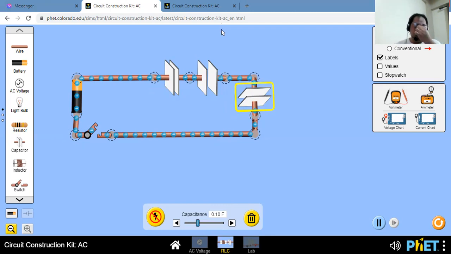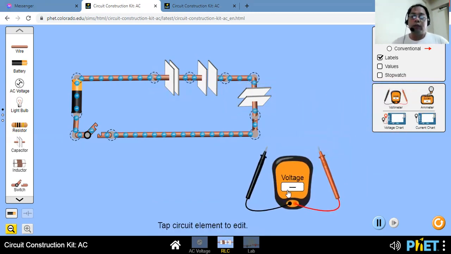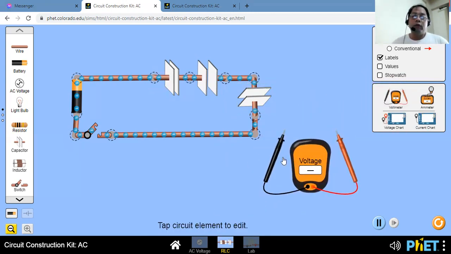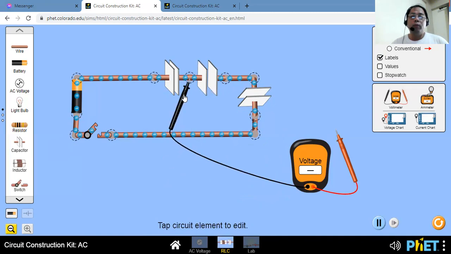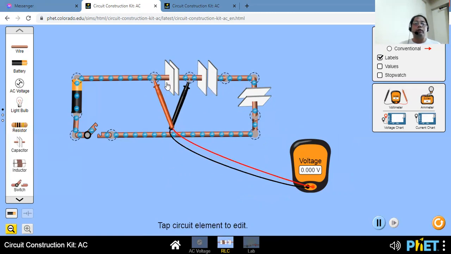Now, for us to measure the voltage, we will need a voltmeter here. So with our voltmeter, you will have to attach these probes or electrodes. To get the voltage of C sub 1, you have to place it somewhere here.